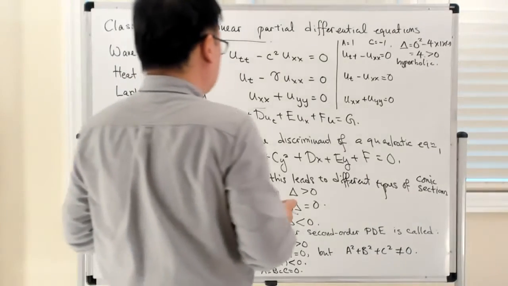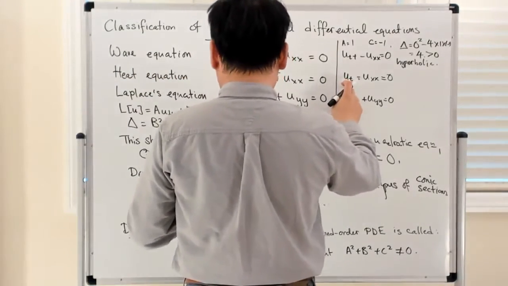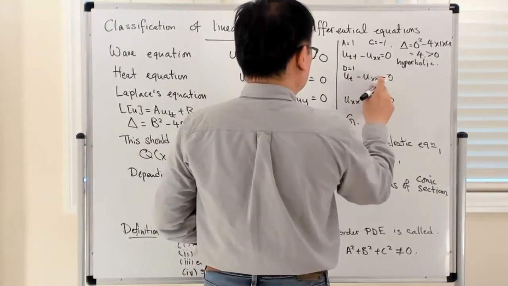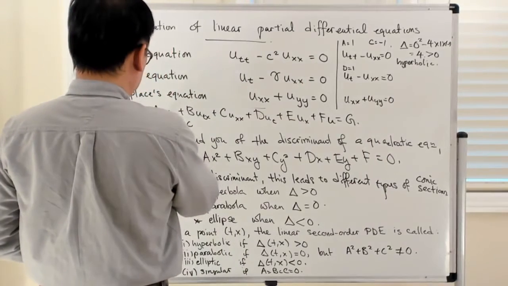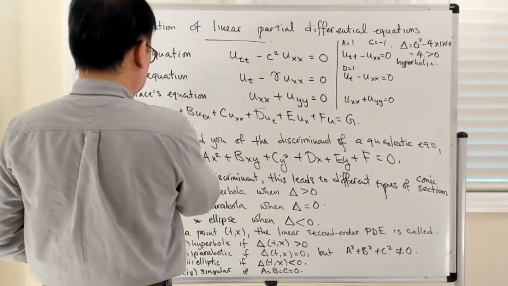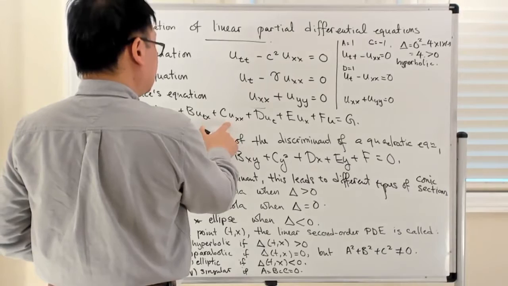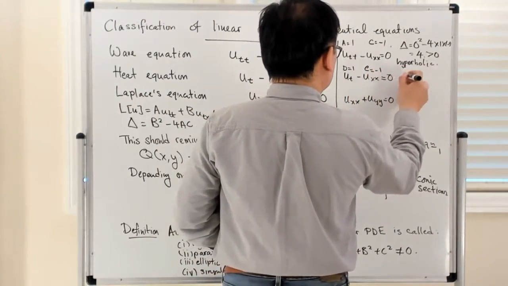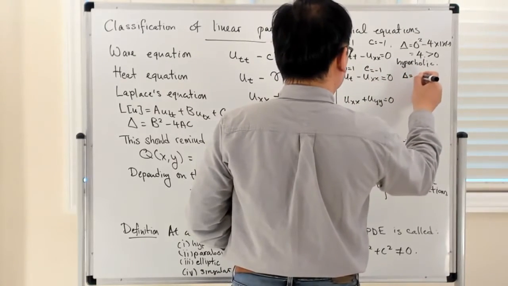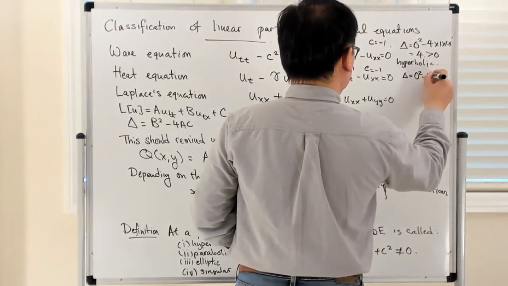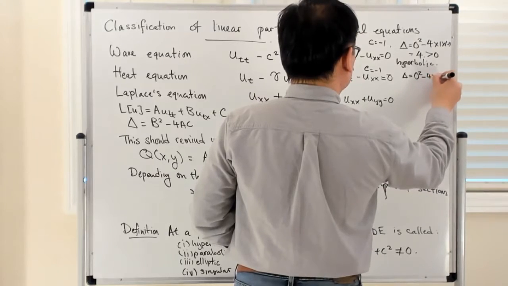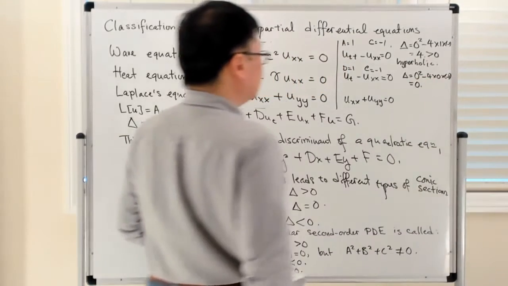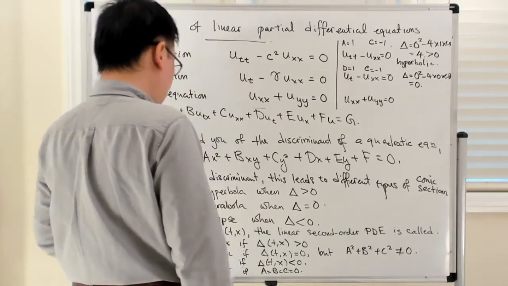Okay, so ut is d, so d is equal to 1, and uxx is c, so c is equal to -1. Then delta is equal to b squared, b is 0, minus 4 times a, which is 0, times c, which is -1. So this is 0, so this is parabolic, right?